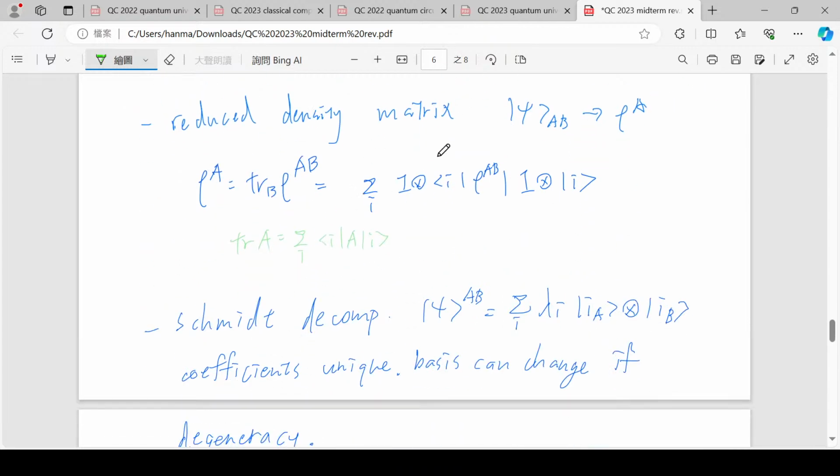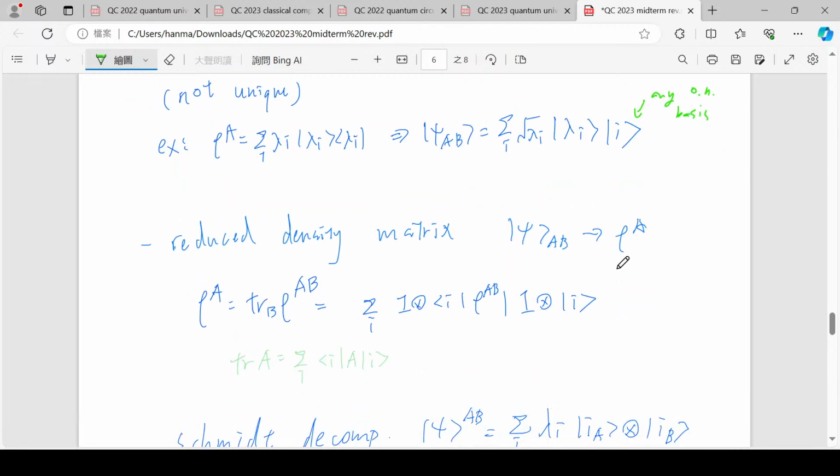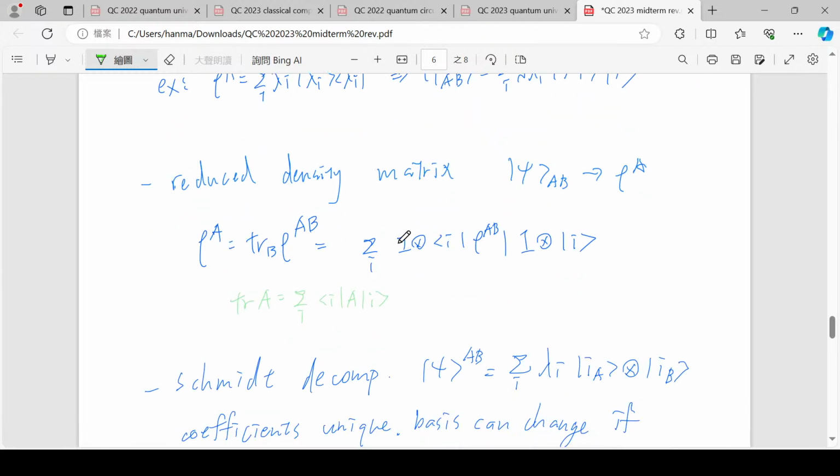And that's because of the reduced density matrix. So you think about how to get from psi AB to some rho A. The reduced density matrix is obtained by a partial trace operation. So you have a density matrix on the two parties rho AB, and then you want to know the reduced density matrix on the A part.